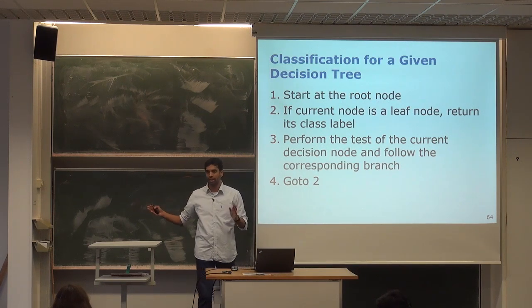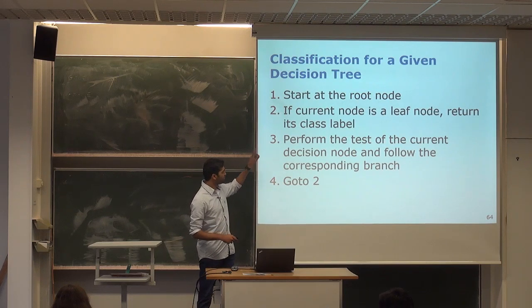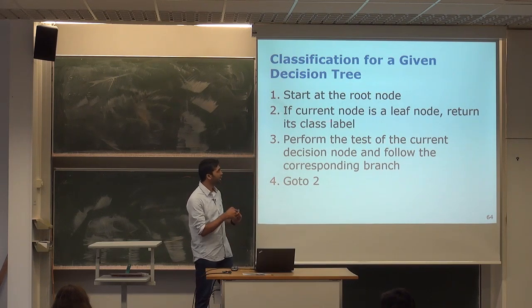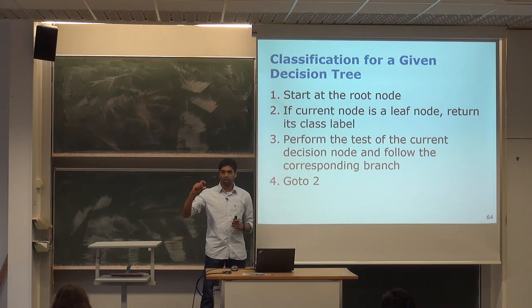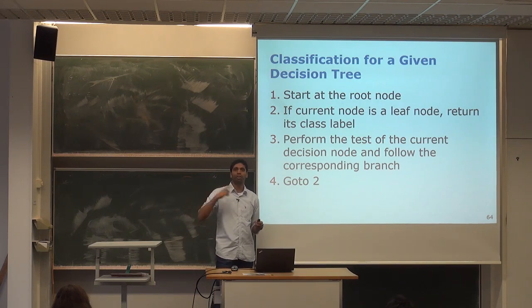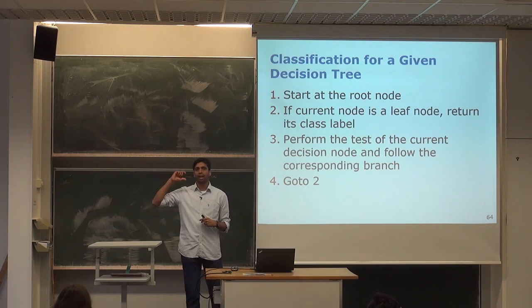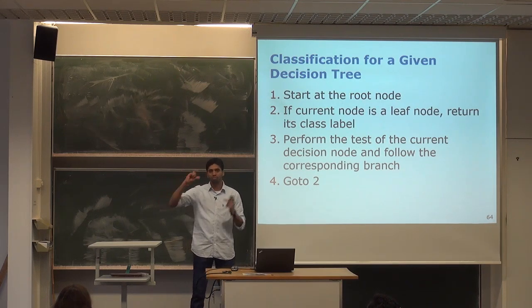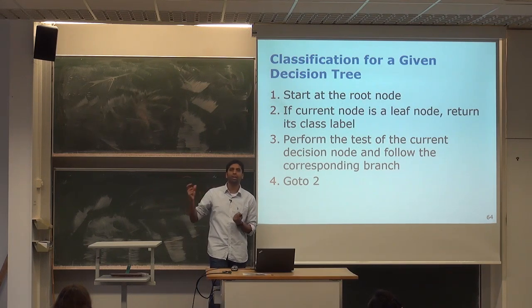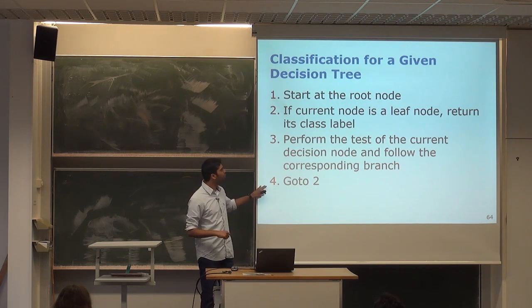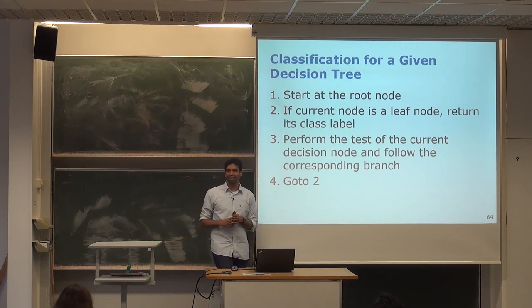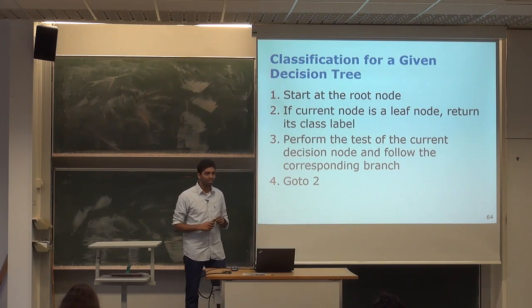If no, go to the right, and so on. And after you do this, go back to step 2. Check again if it's a leaf node. If yes, exit. If not, repeat this. So it's a recursive way to go through all the questions. And the output of this recursive function should be class 1 or class 2. Again, I hope that even without using SciPy, you are able to implement this kind of if-else thing.